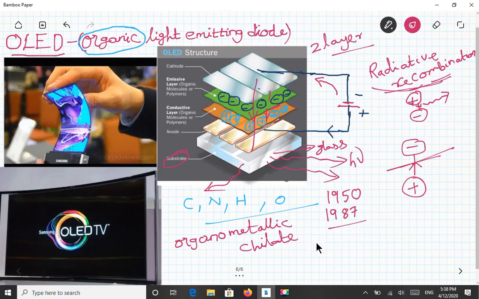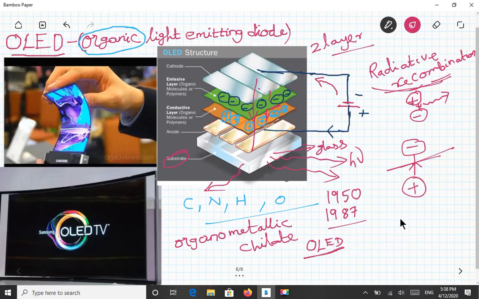If you see, some 2 or 3 years back, you could see OLED TVs in the showroom. But one main disadvantage of this is that if there is a spillover of water on those screens, they will get affected.